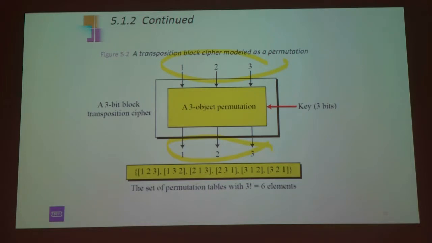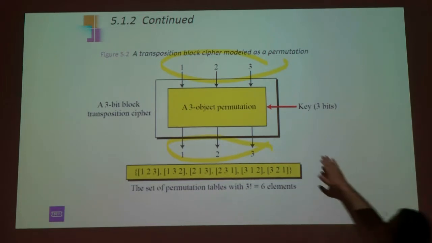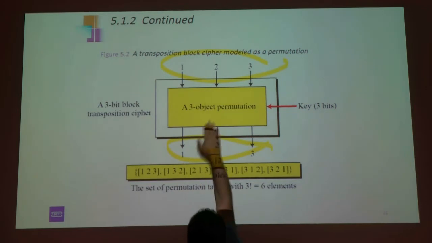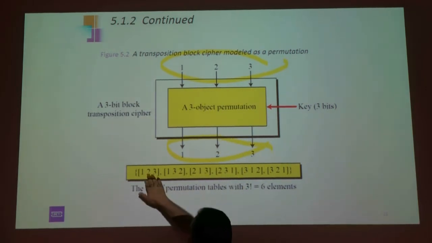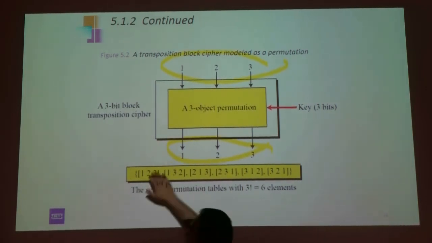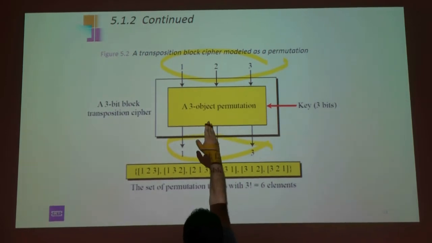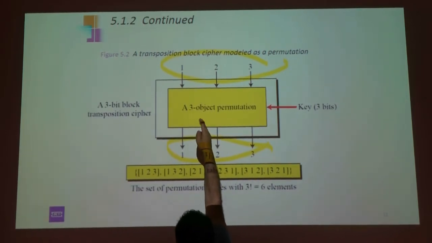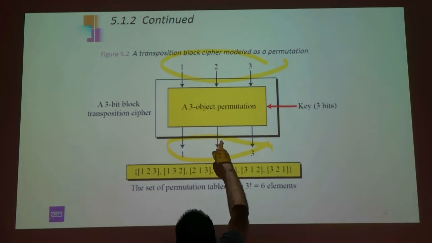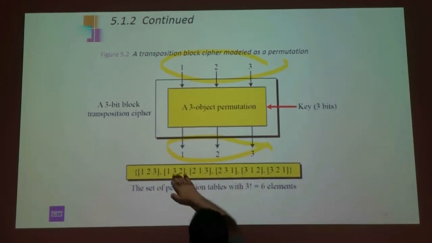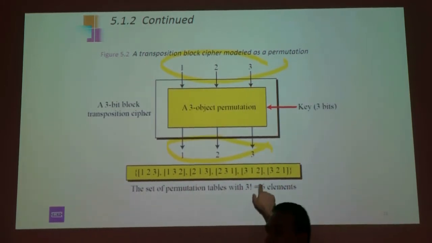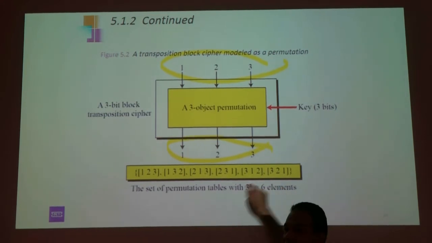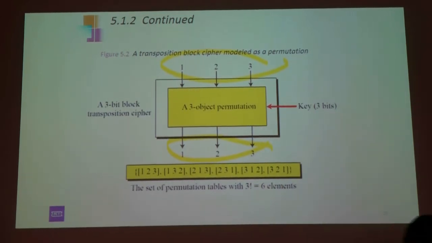As you see here, the total options. The first option is 1 goes to 1, 2 goes to 2, and 3 goes to 3. The first option, input and output. What is the second option? 1 goes to 1, 2 goes to 3, and 3 goes to 2. So you have 3 combinations, which means 6 options. You have 6 options.